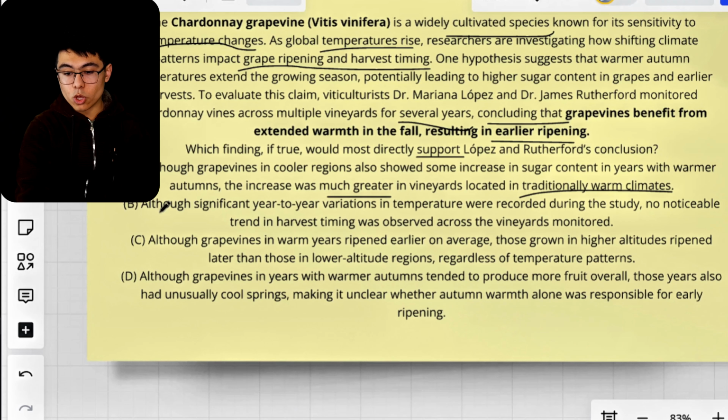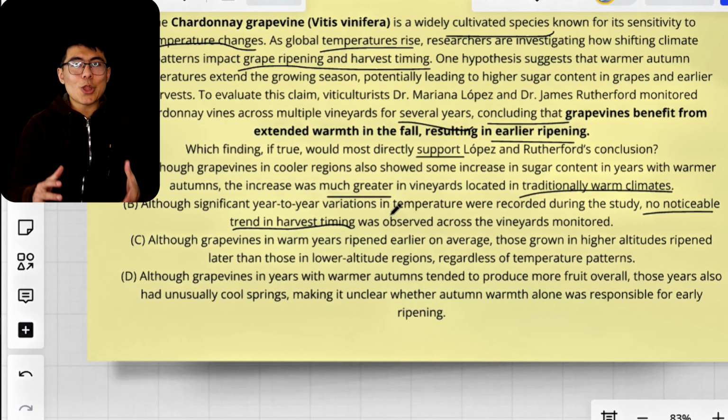Choice B. Although significant year-to-year variations in temperature were recorded during the study, no noticeable trend in harvest timing was observed across the vineyards monitored. If no trend in harvest timing was observed, then it contradicts the conclusion of the researchers. That's why B is wrong.